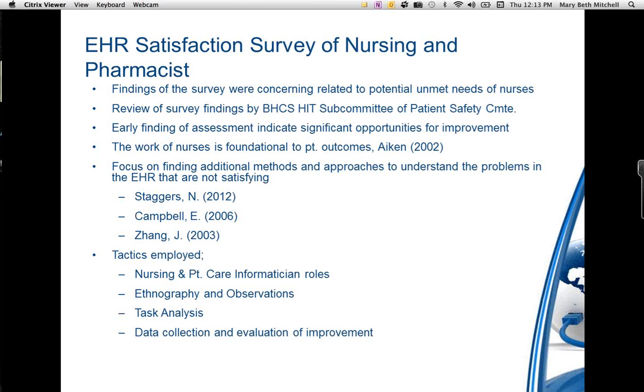So some references here, some of the different work that some of our informatics leaders across the country have published for us to learn from.